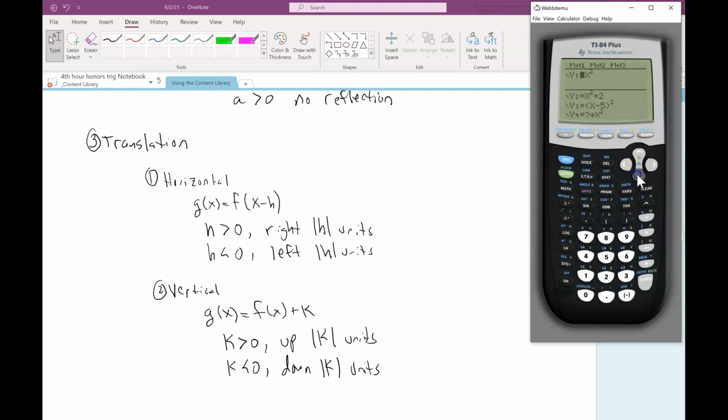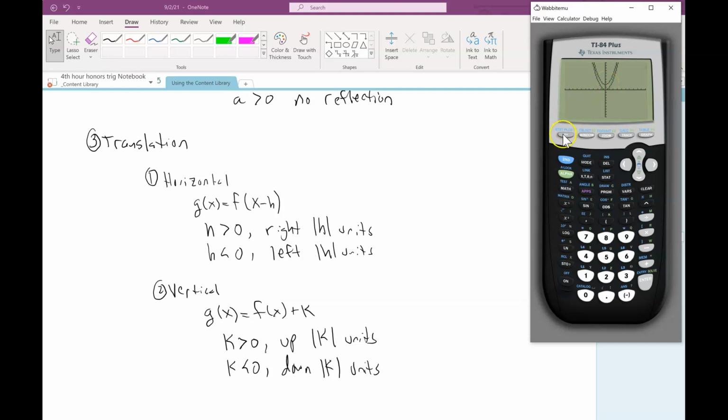If I want to talk about a vertical translation, I'm going to either add or subtract something directly to that function. So like a +2 is going to translate it up 2 units. So there's my translated graph.